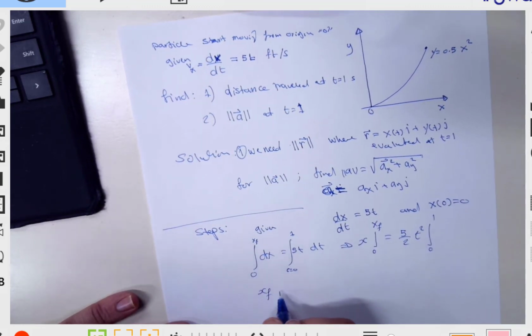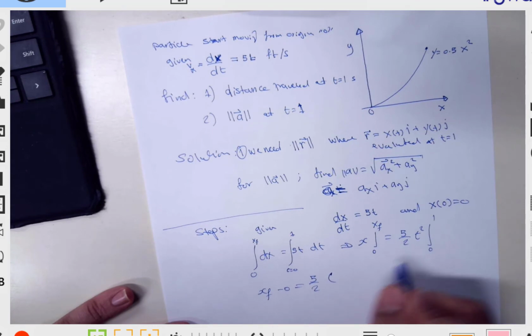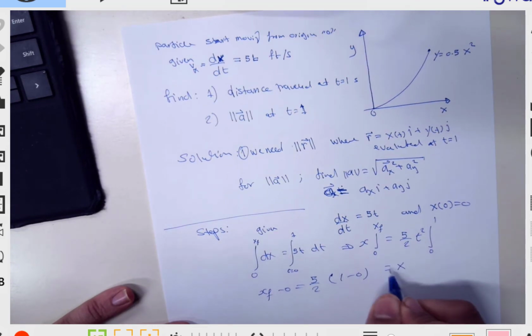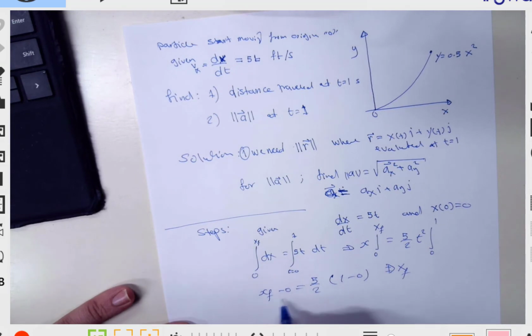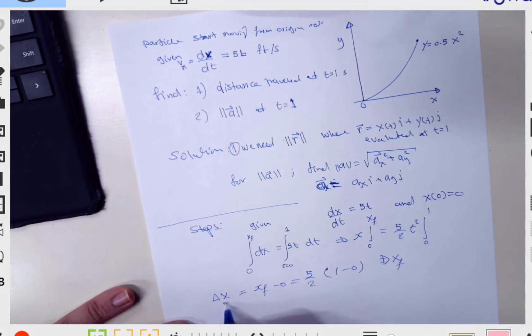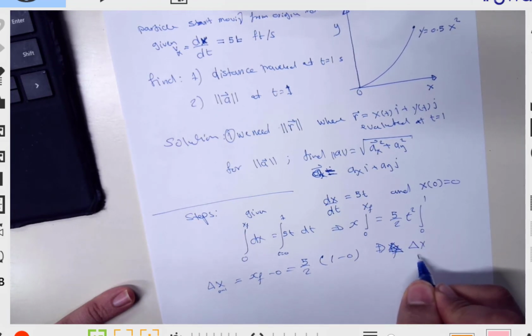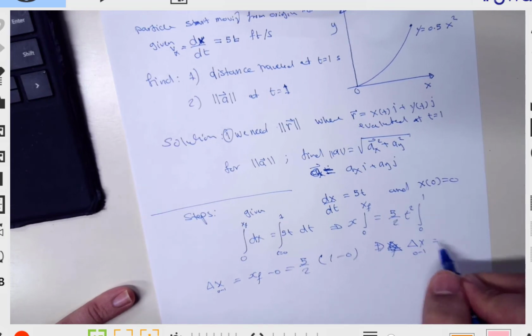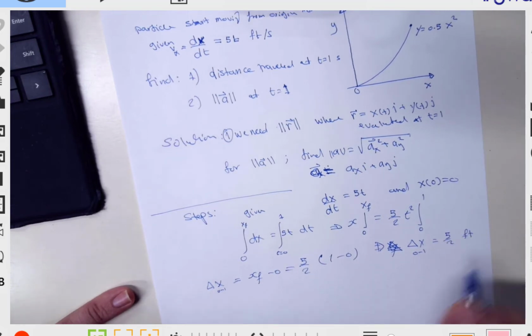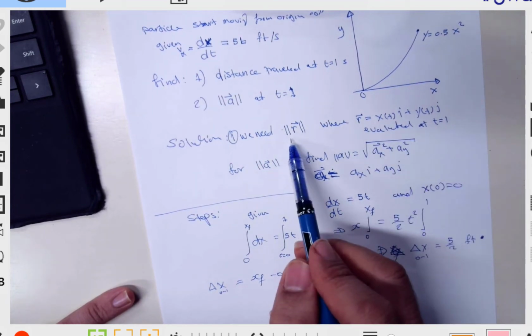Upon substitution, this is 5 over 2 times 1 minus 0. Therefore the displacement in x from 0 to 1 second is simply 5 over 2 feet. We need this because to find the distance we need the norm.